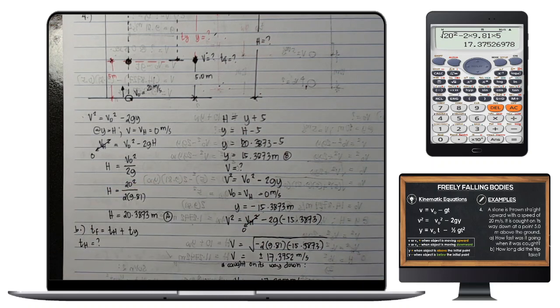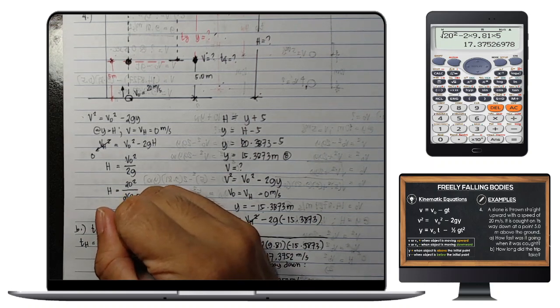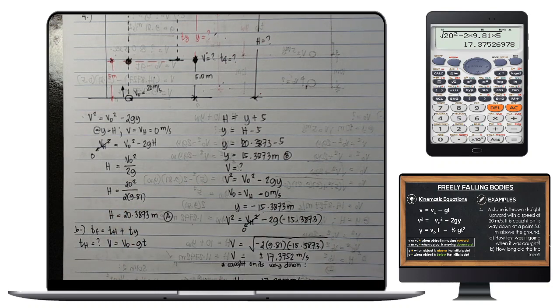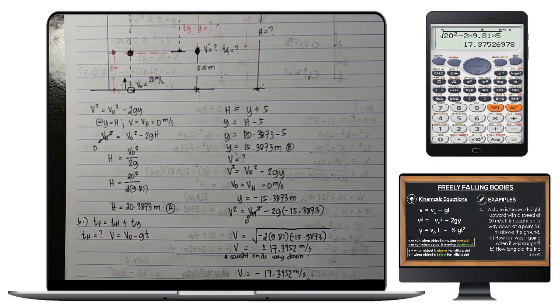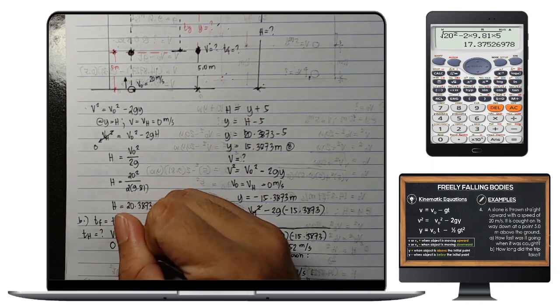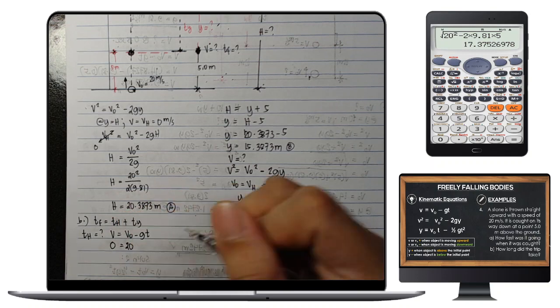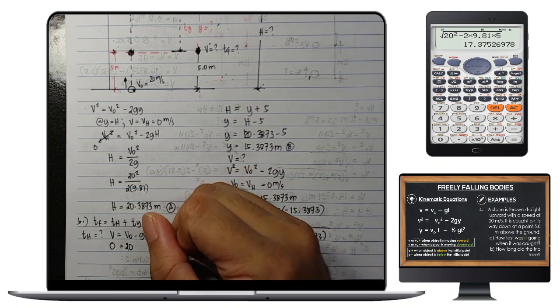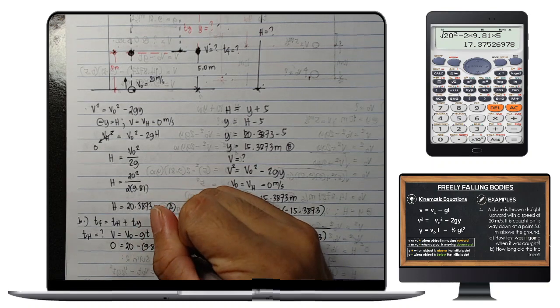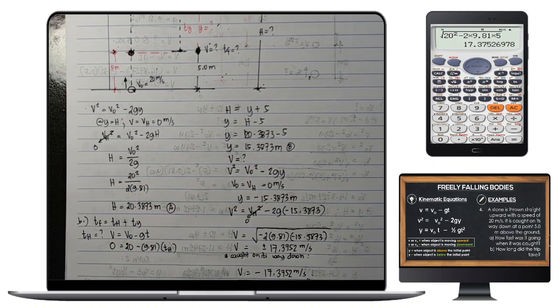We can use the first equation, di ba? v is equal to vo minus gt. So, to find the value of t sub h, v natin is equal to 0, vo is 20, minus g natin na 9.81, times t sub h.